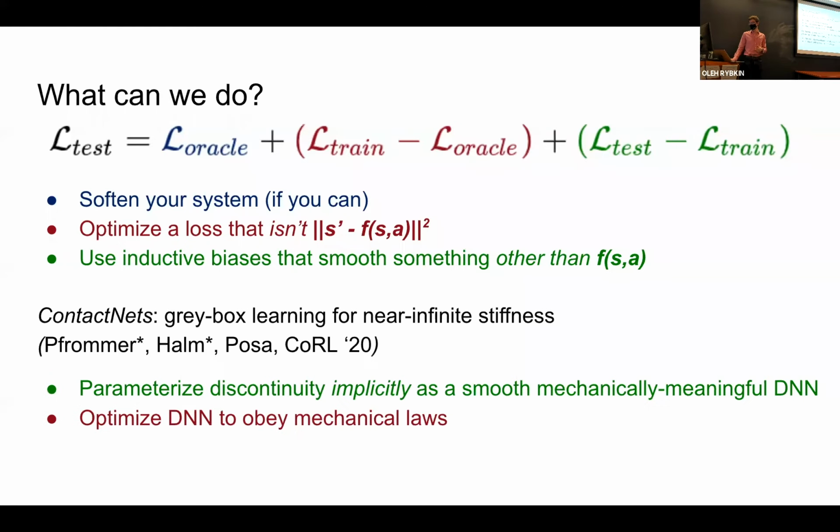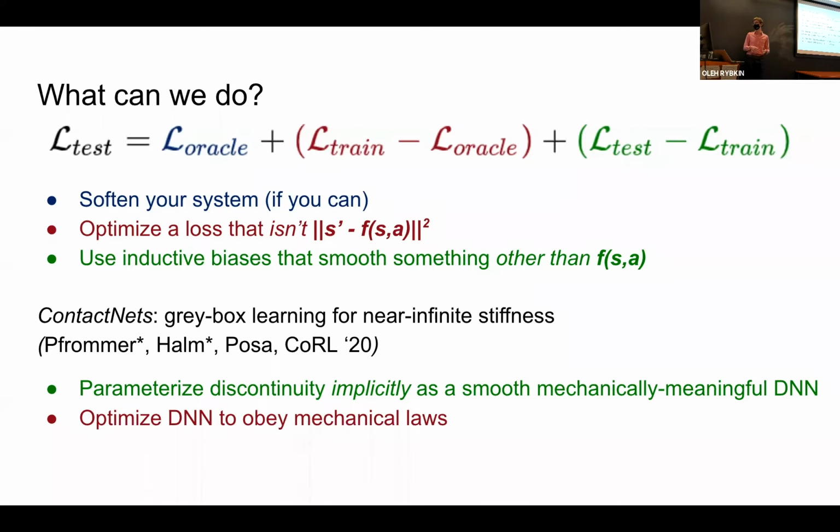And so next we're going to pivot and start talking about ContactNets, which is a model that we developed last year in our lab. And I would call this a gray box model. It's somewhere between white box sysid, where you're just identifying a couple of masses, and a completely uninterpretable model.